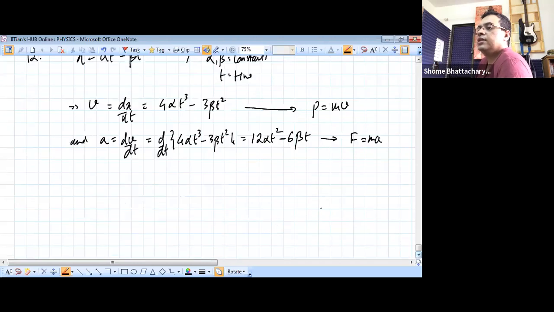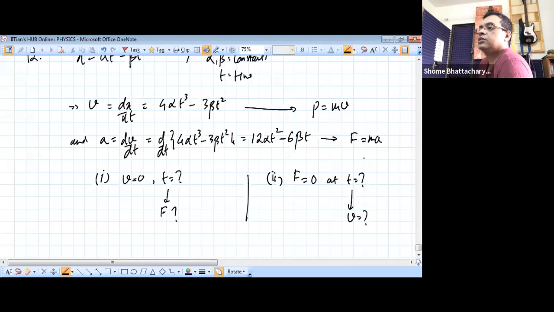So now in the first part you have to find out at what time velocity is equal to 0, and then find out the force at that time. And in the second part you have to find out at what time the force is equal to 0, and then at that time find out what the velocity is. Okay, so can you finish this question yourself, people? That's the 12th question.